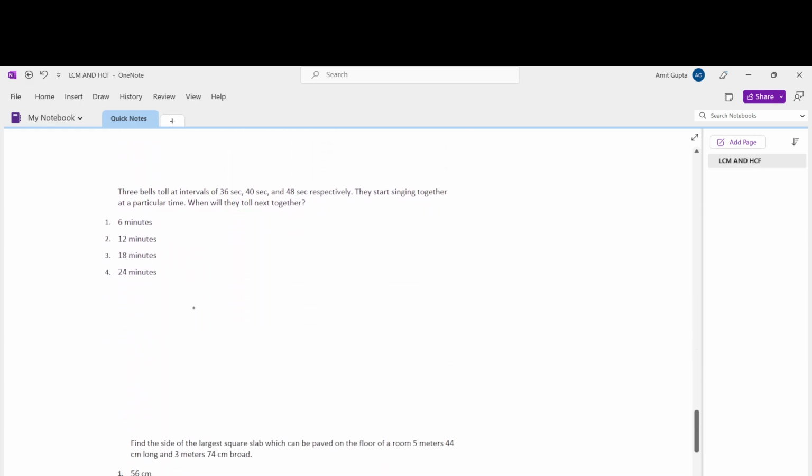We have another question here. Three bells toll at intervals of 36, 40 and 48 seconds respectively. They start tolling together at a particular time. When will they toll next together? So we have three bells, let's name them bell A, bell B and bell C. They ring at 36, 40 and 48 seconds.